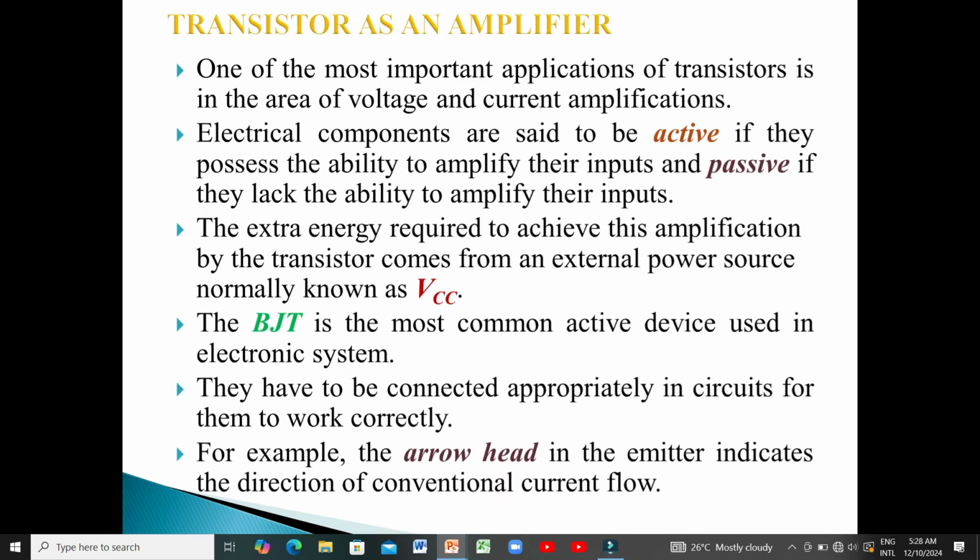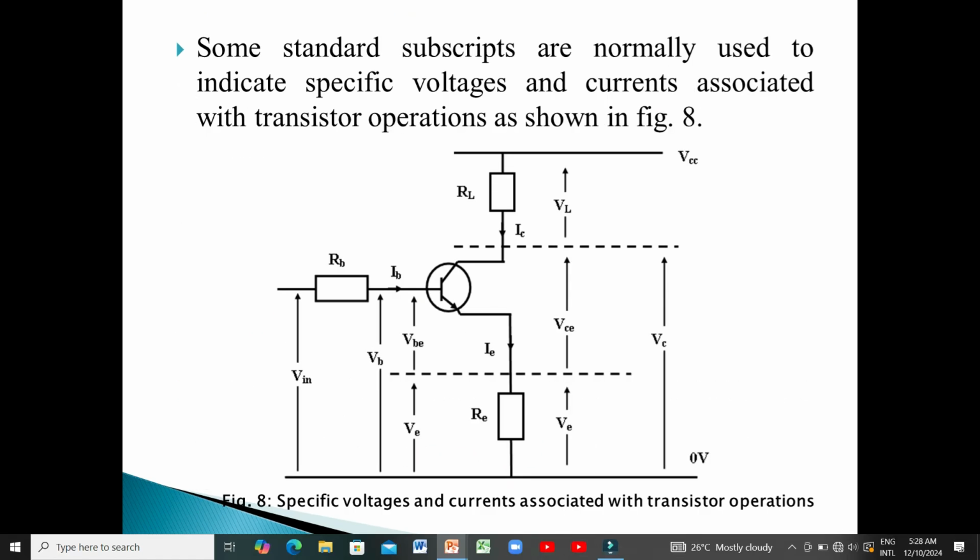For example, the arrowhead in the emitter indicates the direction of normal conventional current flow. Some standard subscripts are normally used to indicate specific voltages and currents associated with transistor operations as shown in Fig 8.